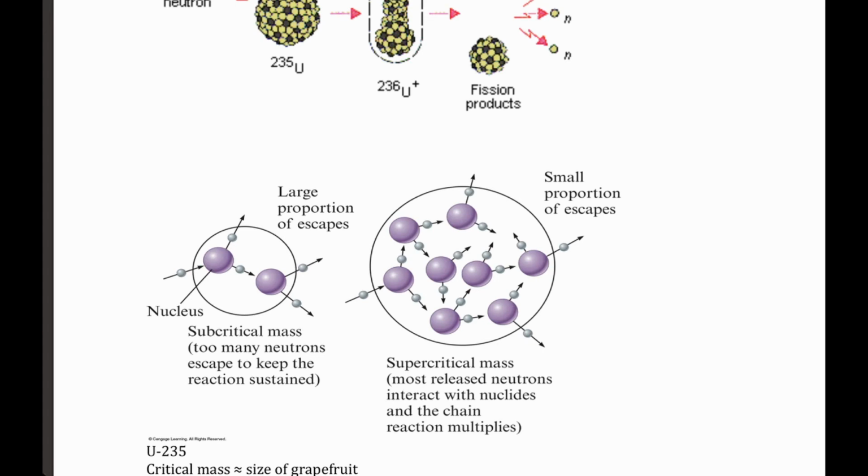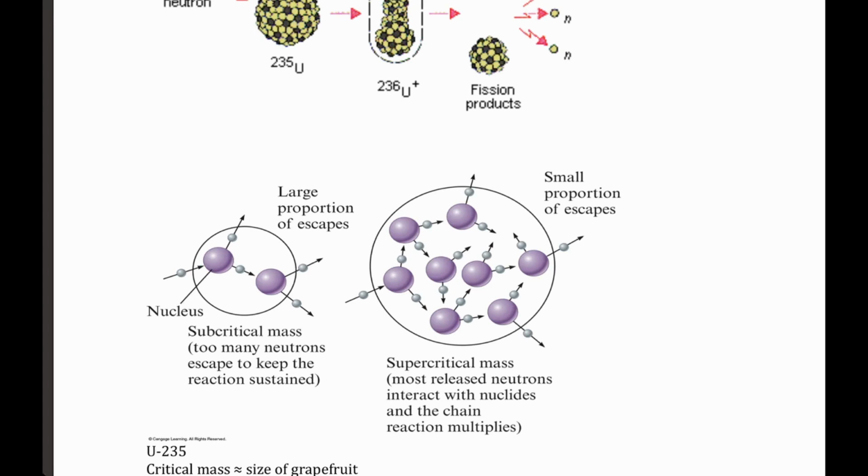And if we don't have enough uranium, if we don't have enough neutrons that are kept within that mass to cause nearby uraniums to undergo fission, the fission will just stop. And that's what happens when we have a subcritical mass. Too many neutrons escape, and so they don't sustain the fission process.